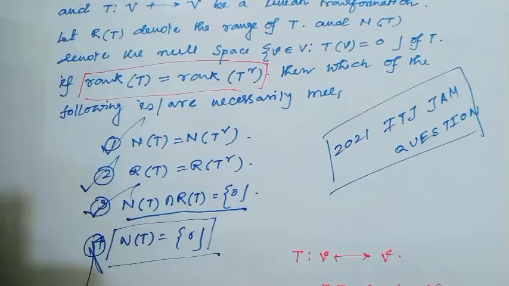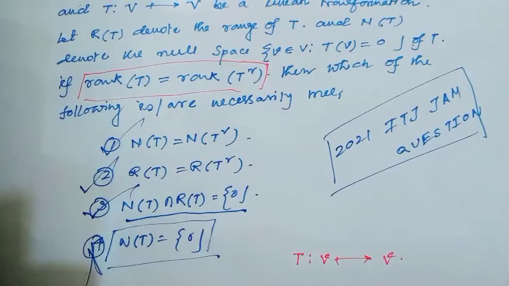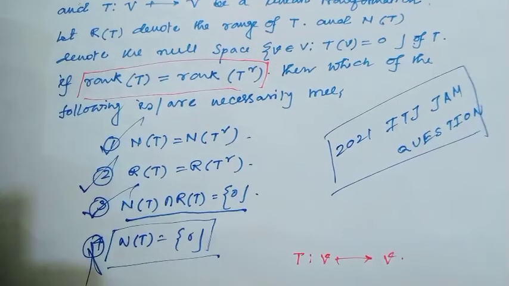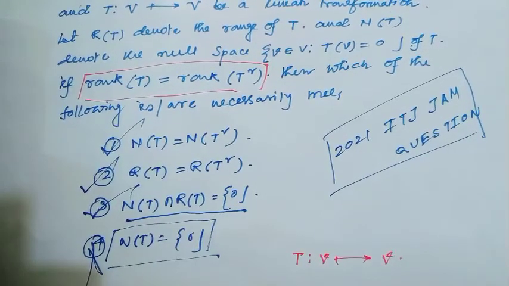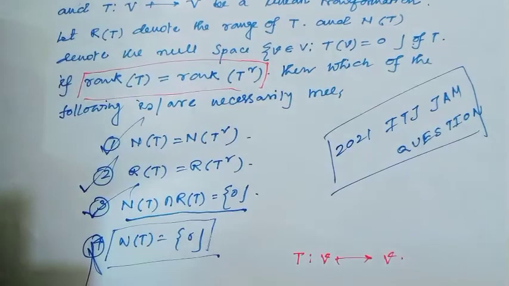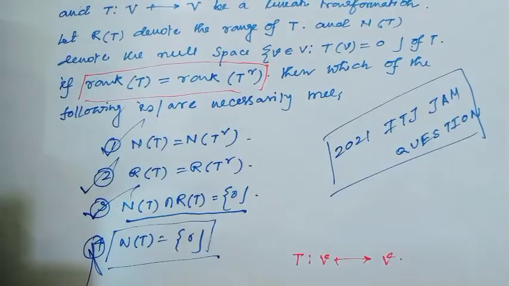But the null space of this linear transformation can be any number of vectors, not only 0. This is just a basic question that depends on basic concepts.